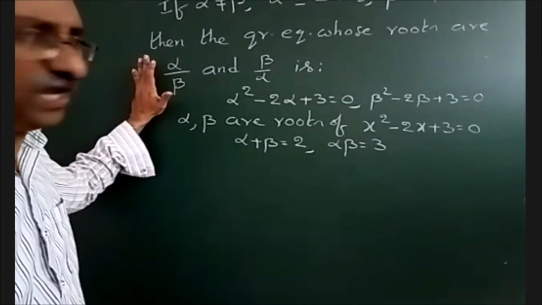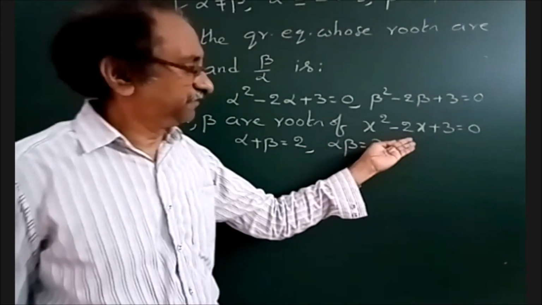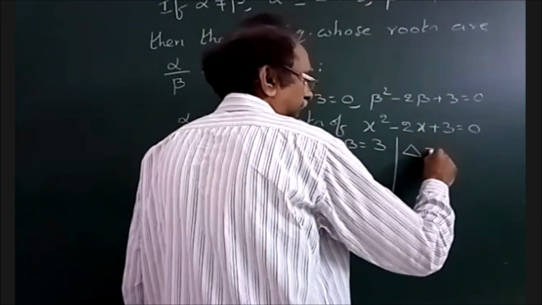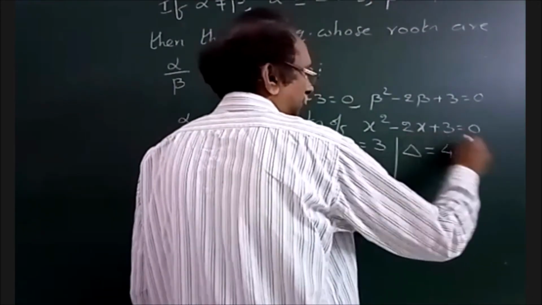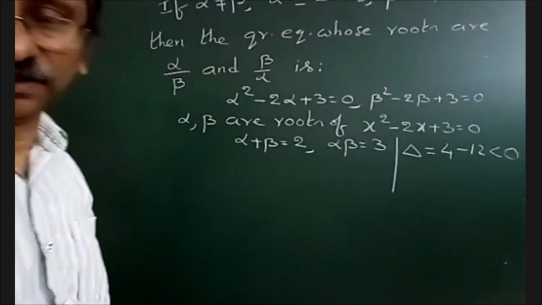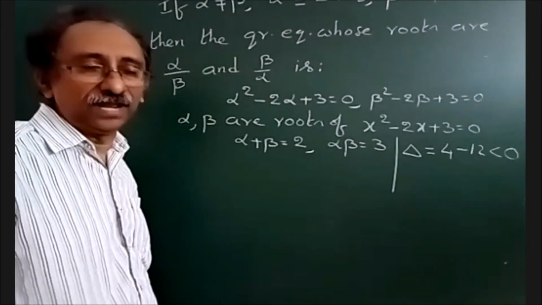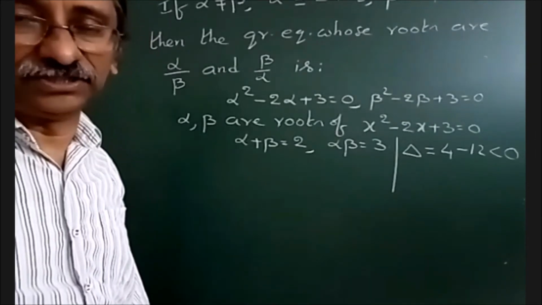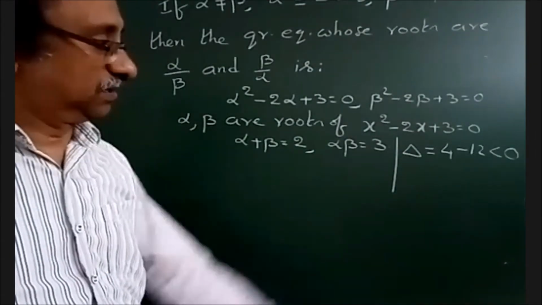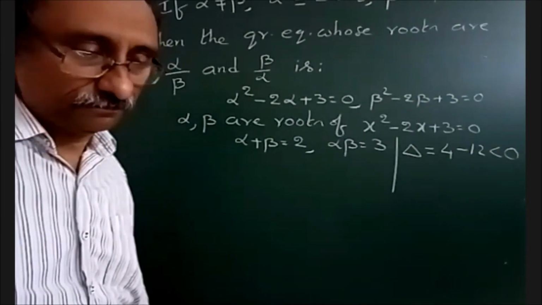No, why roots same? So for this equation, find the discriminant. If roots are equal, then the discriminant must be 0. If the discriminant is 0, then only roots are equal. So here roots are equal.